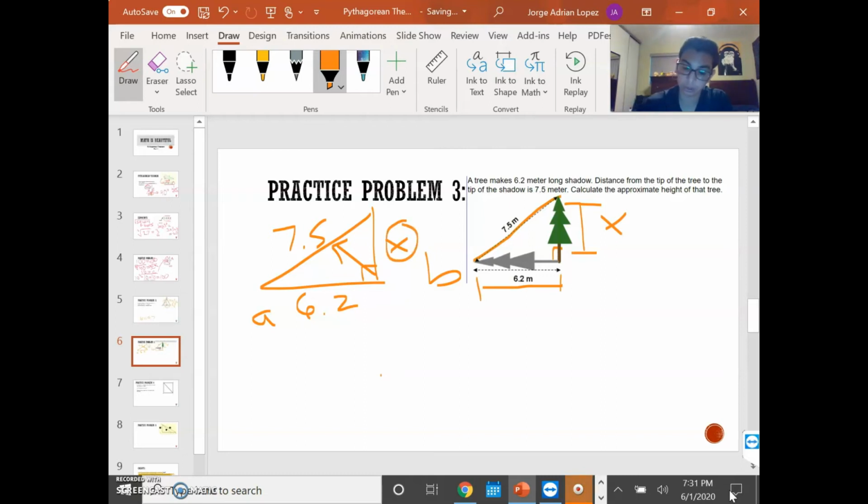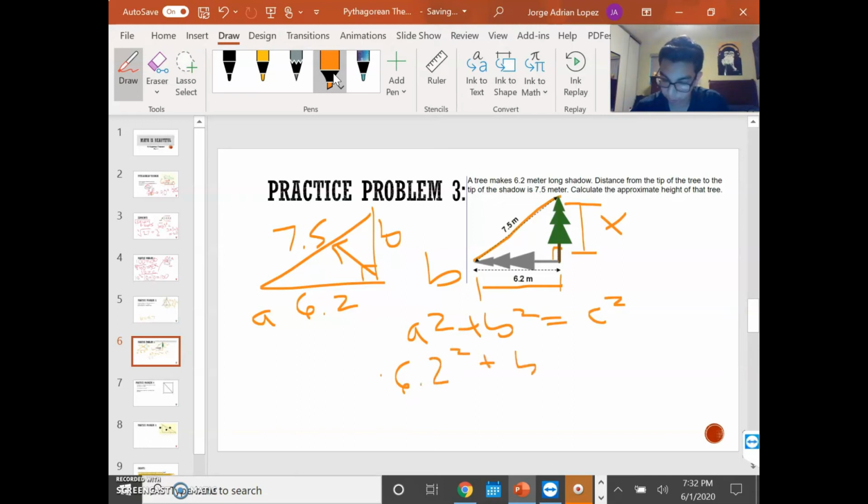Okay? So let's get rid of the x like we did with the last problem, and we're just going to call this part B. So again, we're looking for B. So let's rewrite this. A squared plus B squared equals C squared. 6.2 squared plus B squared equals 7.5 squared.